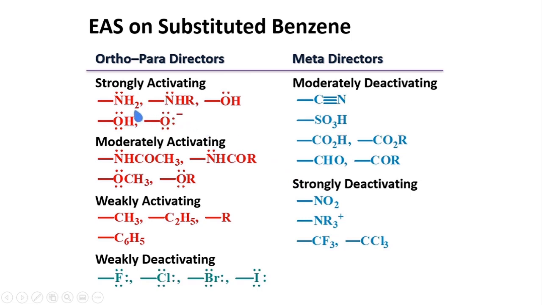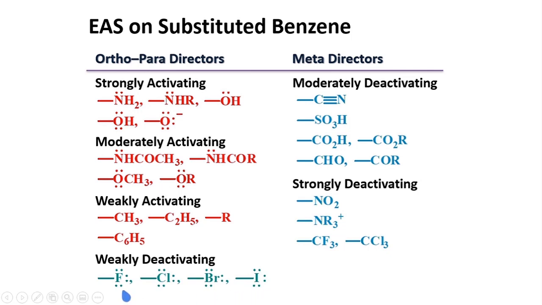Another thing to note about ortho-para directors, and most of the ortho-para directors anyway, is that the atom that is directly attached to the aromatic ring usually contains lone pairs of electrons. We have nitrogen, which has a lone pair, oxygen, which has a lone pair, or even the halides. All of them have lone pairs.